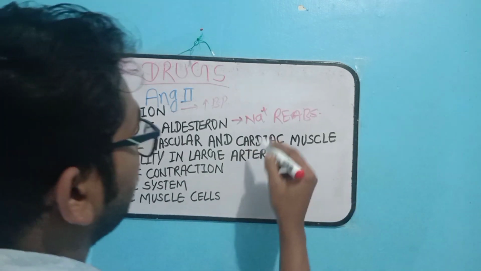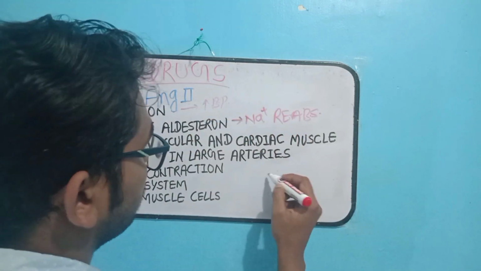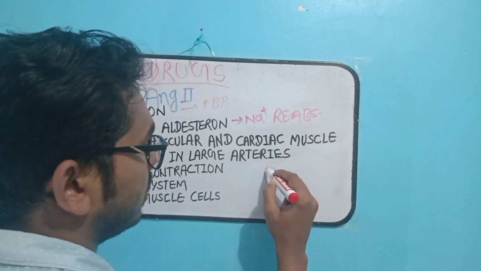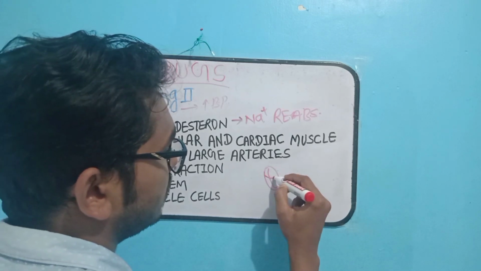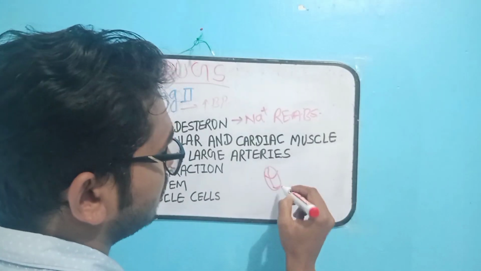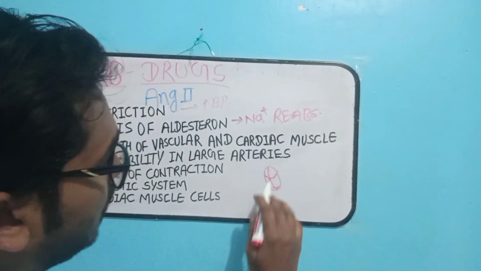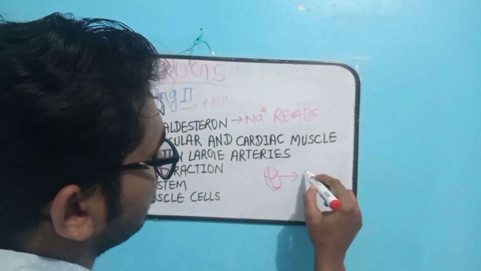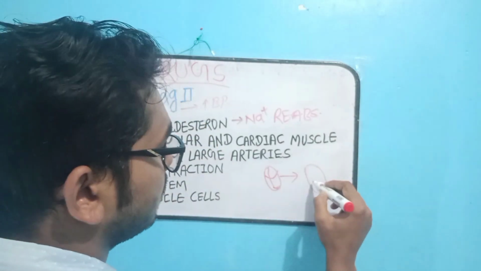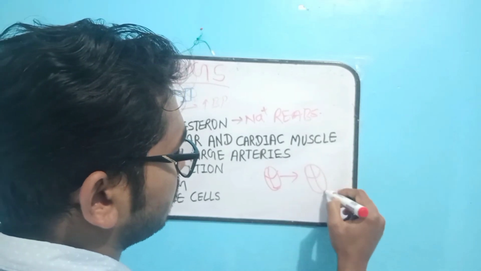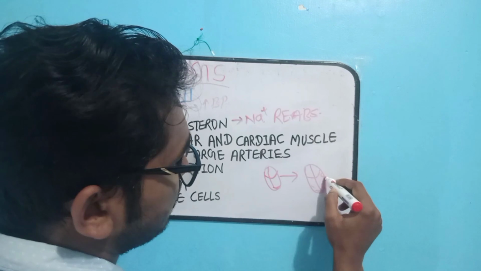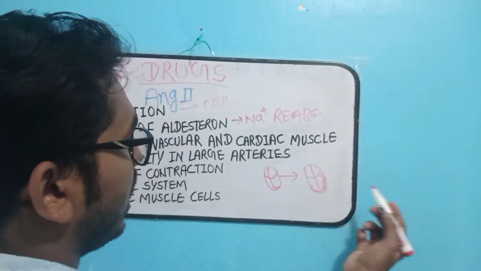When the angiotensin 2 receptor gets activated, suppose this is the heart, which is not anatomically correct, just for lecture purposes. It becomes thick, with extra thickness occurring in the heart.